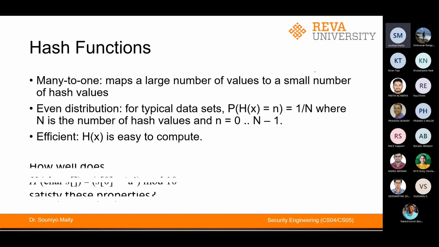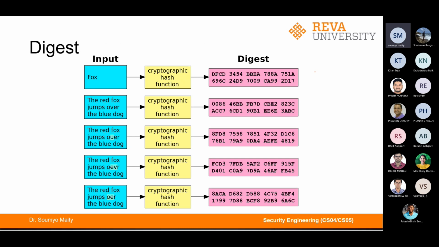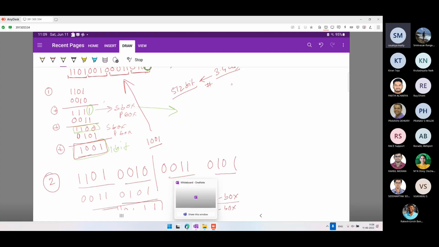And it is efficient, that is, h(x) should be easy to compute, but the reverse is not possible. Now let us see some practical examples.